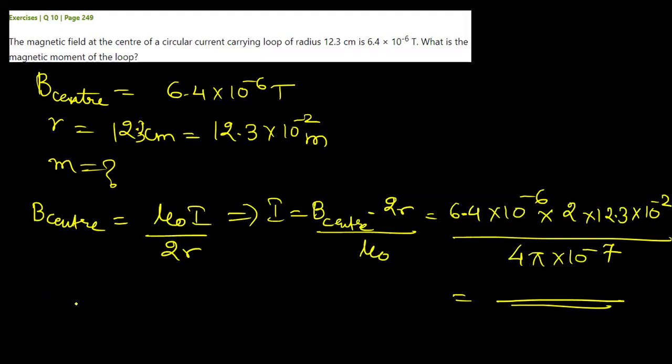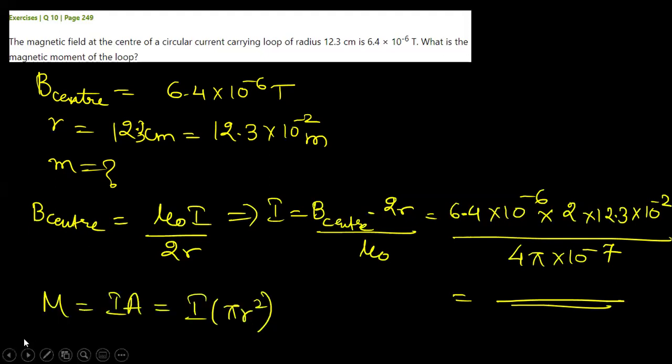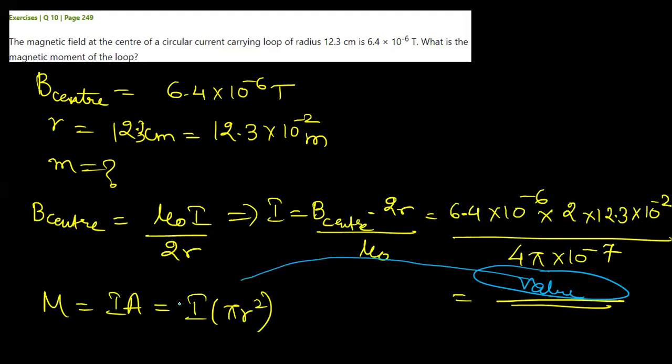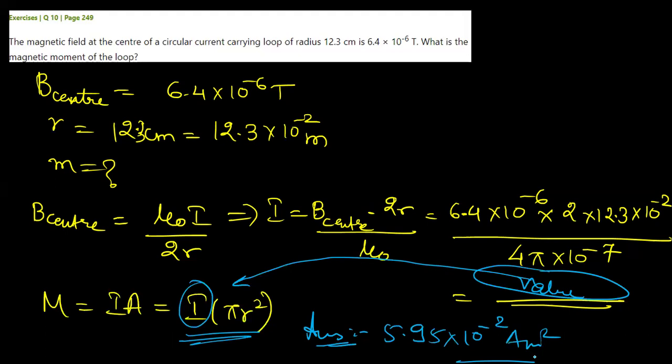So you will get some value. This value of current you will substitute in the magnetic moment formula. Then you will get the answer for magnetic moment. And the final answer for magnetic moment will be 5.95 into 10 to the power minus 2 ampere meter square. That is the final answer.